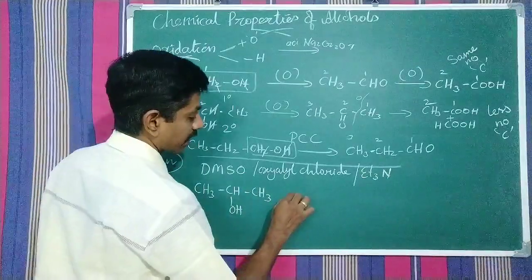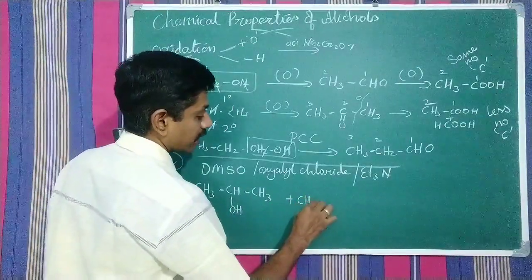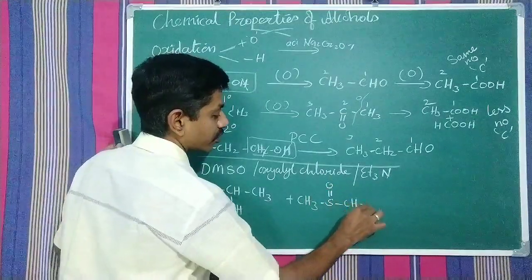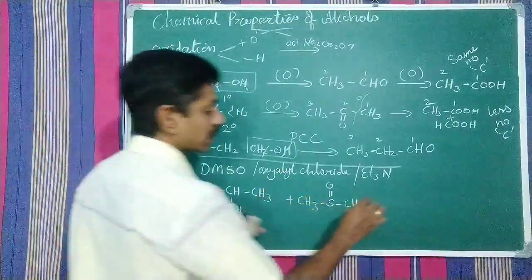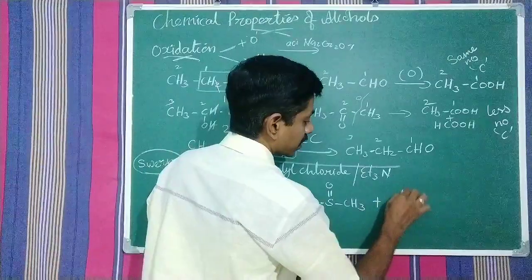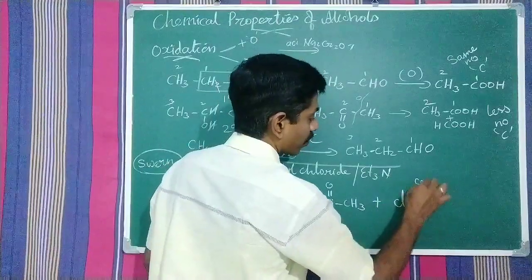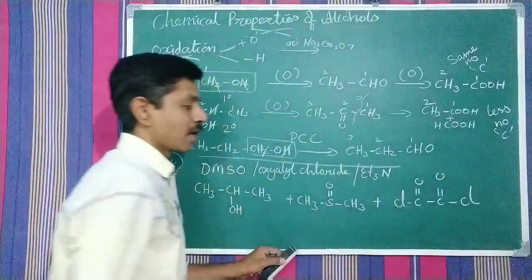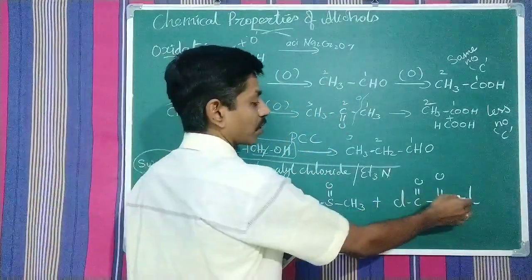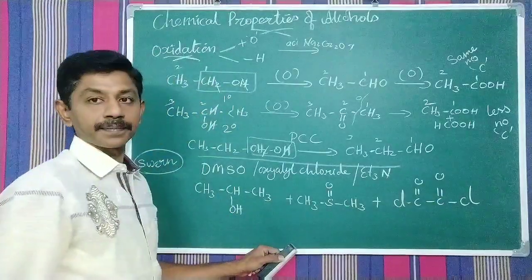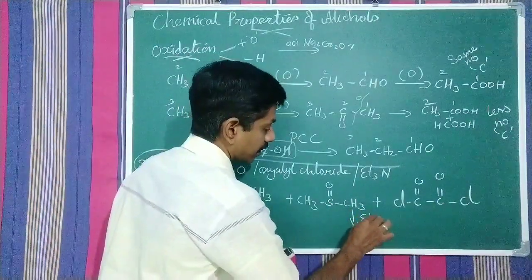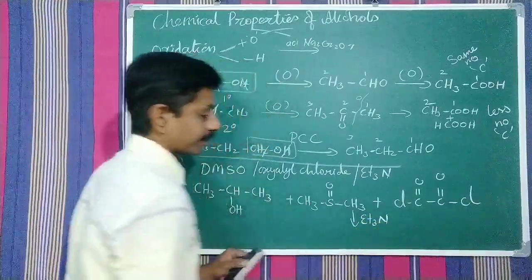Dimethyl sulfoxide has the formula CH3, S double bond O, CH3. Oxalyl chloride is Cl, C double bond O, C double bond O, Cl; in oxalic acid, by removal of 2 OH groups, 2 chlorines are added. These react with triethylamine.